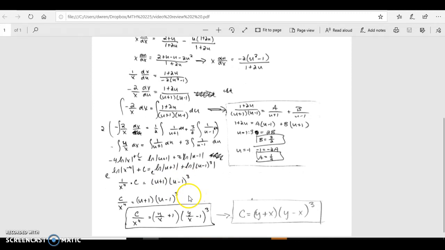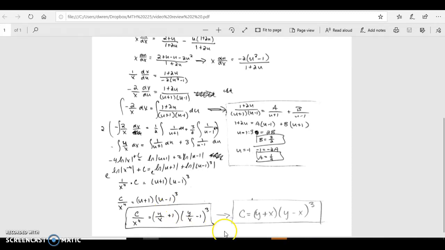And now finally, substituting y over x back in for u, you get c over x to the 4th equals the quantity y over x plus 1 times the quantity y over x minus 1 to the third power, which would yield the orthogonal trajectory of c equals y plus x, where we just multiply all terms by x, times the quantity y minus x to the third power.